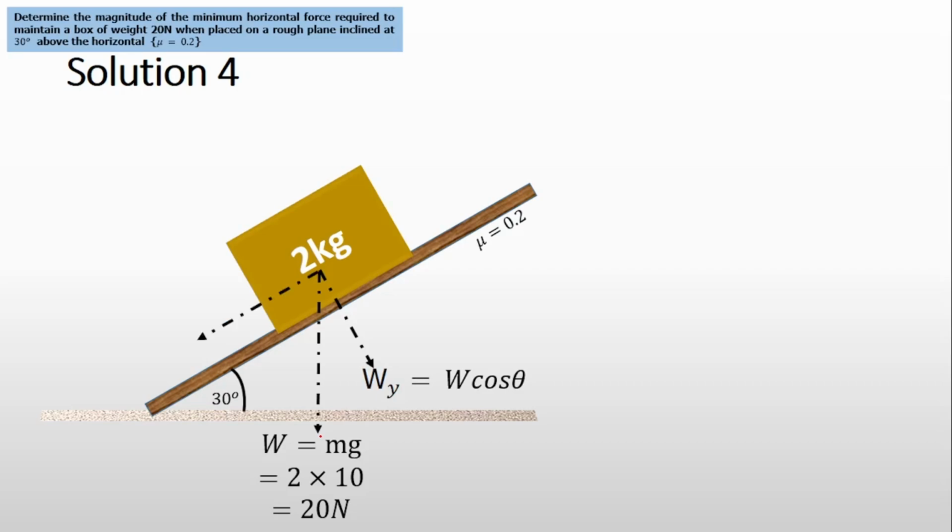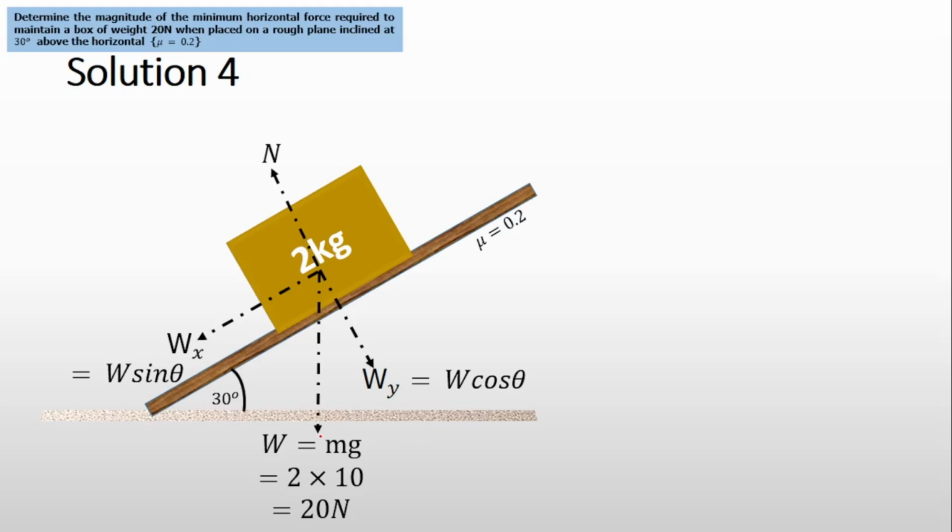Resolving the weight, the horizontal component will be W sub x, and that's W sine theta. Now let's look at the normal reaction, which is the force perpendicular to the surface on which the body is resting. So that's the normal force.